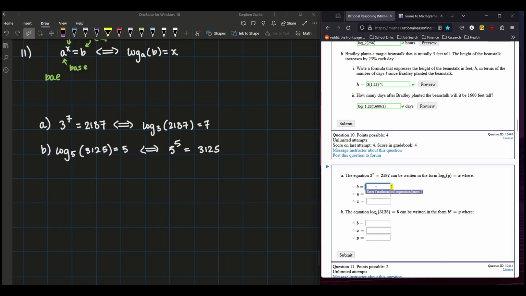Alright? So then this is our base. This is 2,187. This is 7. 5 to the 5th, 3,125.